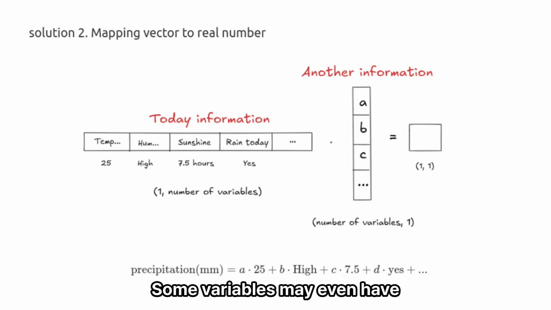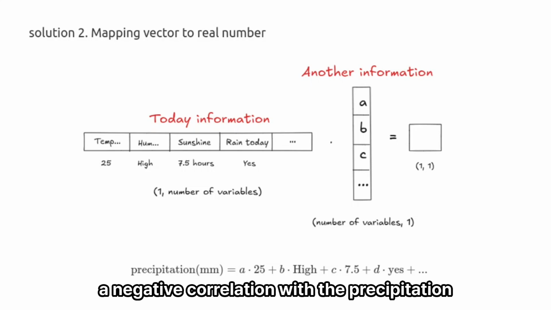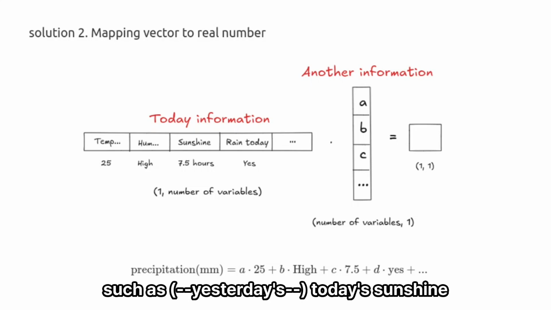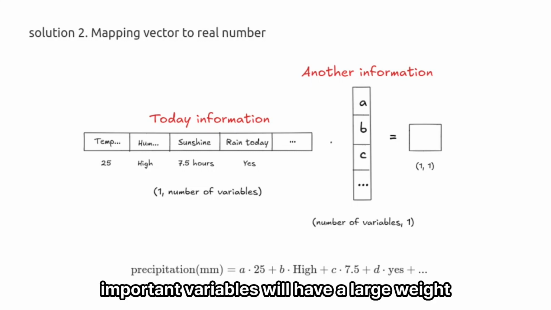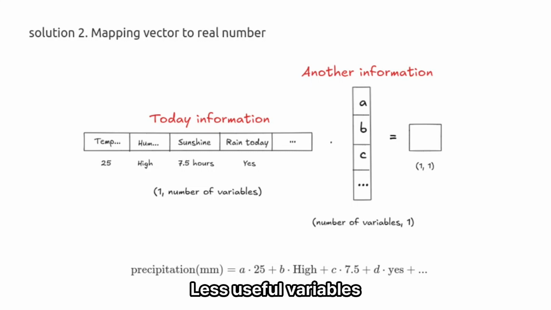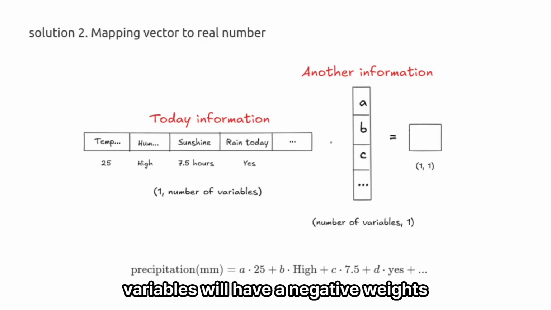Some variables may even have a negative correlation with precipitation, such as yesterday's sunshine. In conclusion, important variables will have large weights, less useful variables will have small weights, and negatively correlated variables will have negative weights.